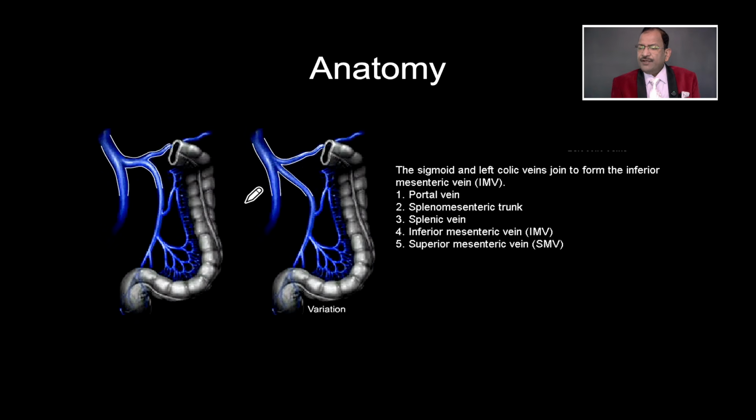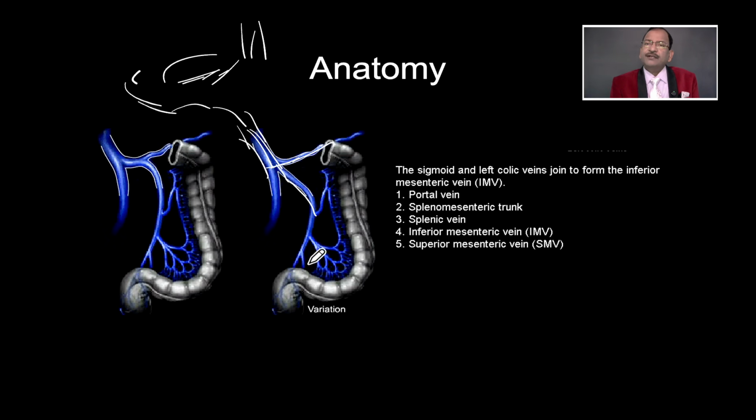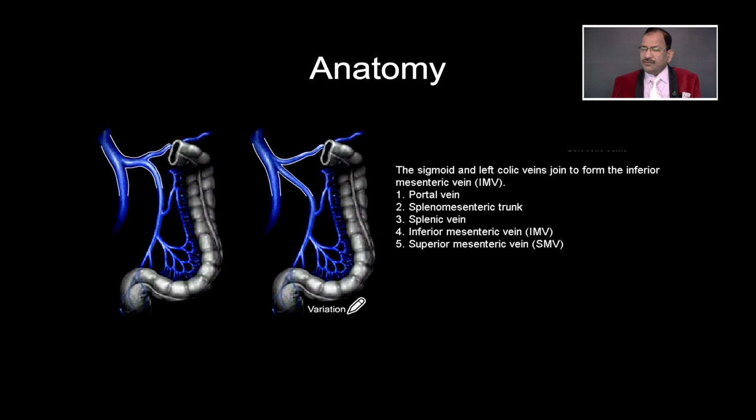The inferior mesenteric vein joins the splenic vein and makes the portal vein. The portal vein enters the liver, then the hepatic veins all combine together and drain into the vena cava. So the vein has a different course.